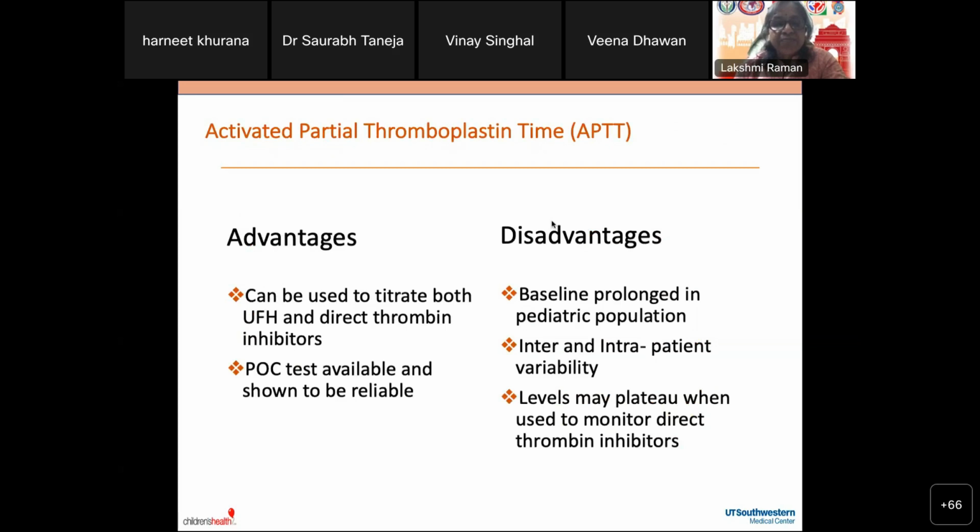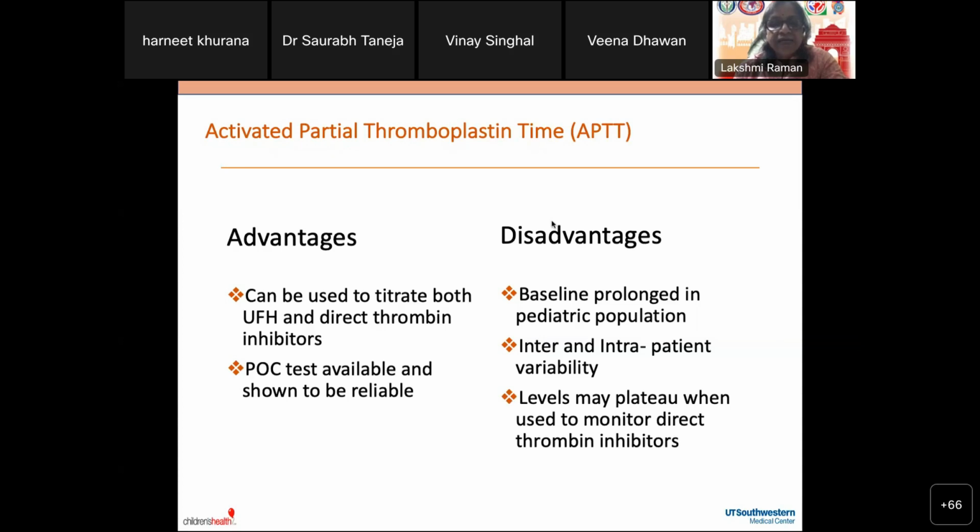As I said, point of care testing is available, and it has been shown to be reliable. What are the disadvantages? The baseline can be prolonged, as I said, in the neonatal and pediatric population, and there can be variability in both inter- and intrapatient levels.